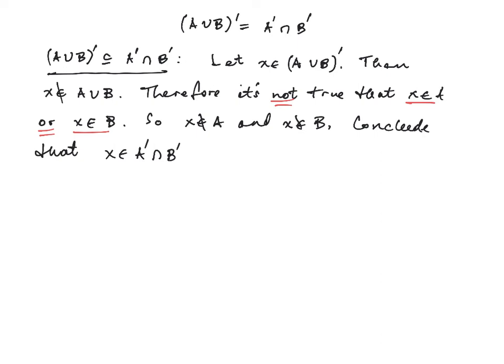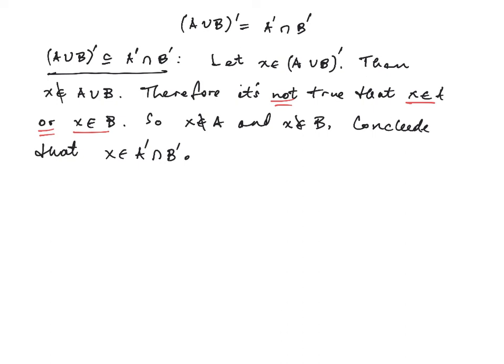Remember, A prime is the stuff that's not in A. B prime is the stuff that's not in B. All right, so we have done what we set out to do.